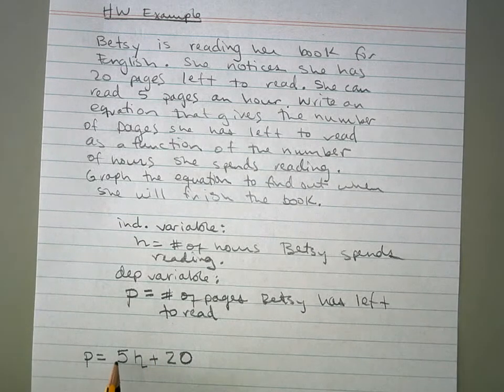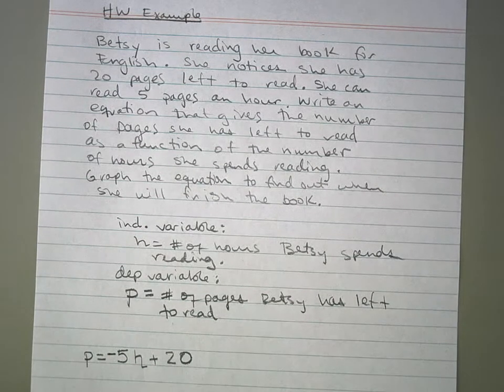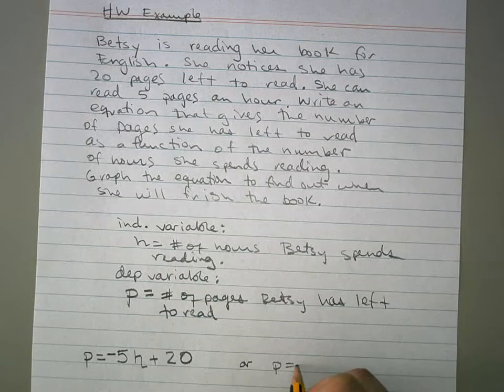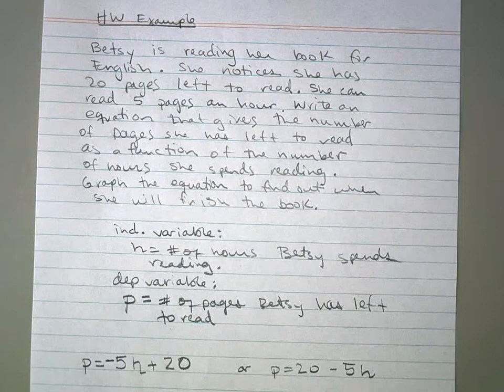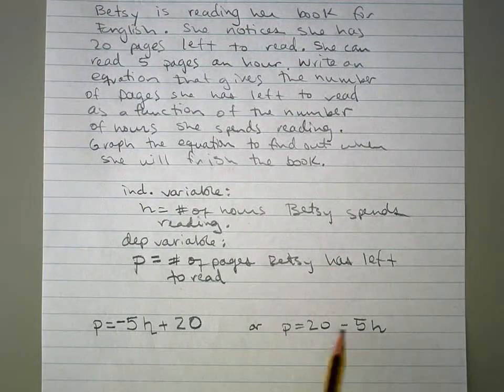Now, if she reads 5 pages per hour, is that adding to or subtracting from the 20? There are actually two ways you could write this. You could write it as 20 minus 5h. Either way, this negative means there's a decrease in the number of pages per hour that you read.